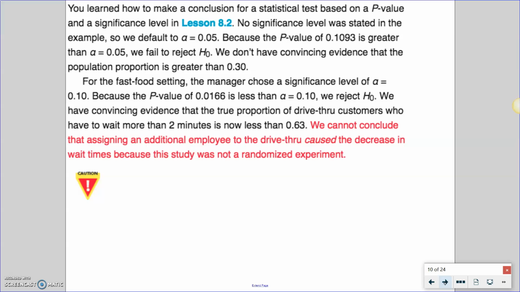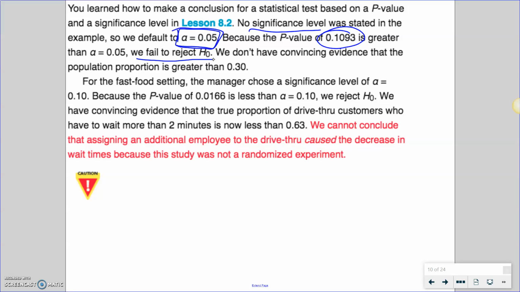So a couple things I want to talk about really quick, okay? We got that p-value of 0.1093 on that last page. They didn't actually pick a significance level. If there's not one stated, you can assume it's 0.05. So because the p-value is greater than the alpha value, we failed to reject the null.